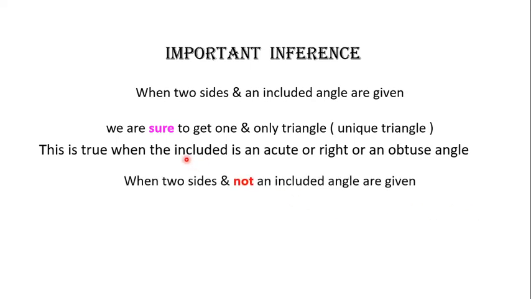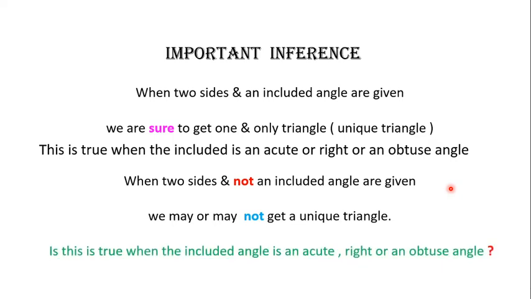This is true when the included angle is an acute angle or a right angle or an obtuse angle, which we have seen in the previous session. When two sides and a non-included angle are given, we may or we may not get a unique triangle. So now we will test this. Is this true when the included angle is an acute angle or a right angle or an obtuse angle?